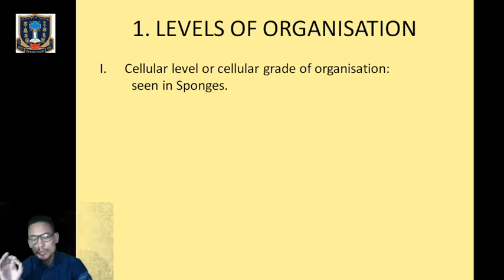Although sponges are multicellular, the cells do not combine with each other or form a tissue. So all the functions are carried out by a single cell. Although they are multicellular, the cells are loosely held together and function independently. That's why in sponges, though they are multicellular, we observe the cellular level of organization.